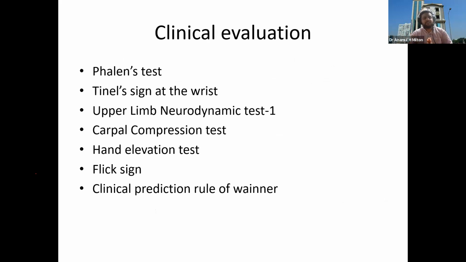So for clinical evaluation, there is the Phalen test, and there is the Tinel sign because the nerve is most superficial there. In the mid arm it is in the middle, almost deep, but when it comes to the wrist it gradually becomes superficial, just under the flexor retinaculum, and it divides into two parts: the median nerve and the superficial palmar cutaneous nerve, which provides the palmar cutaneous and sensory supply.